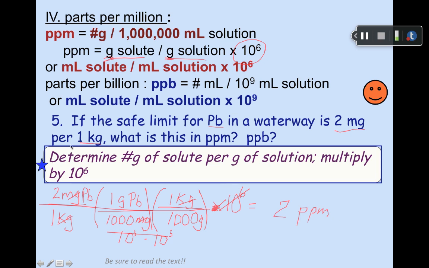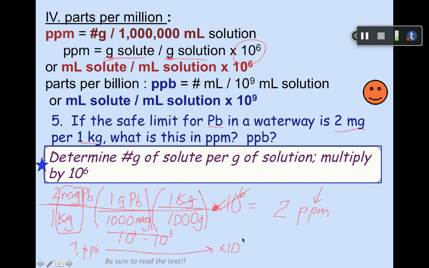So whenever you have milligrams per kilogram, that's exactly the same thing as the unit that you get for parts per million. If you wanted to do parts per billion, then you would have to do one step slightly different at the end. Parts per billion, instead of having times 10 to the 6th at the end, it's all the same values, times 10 to the 9th.